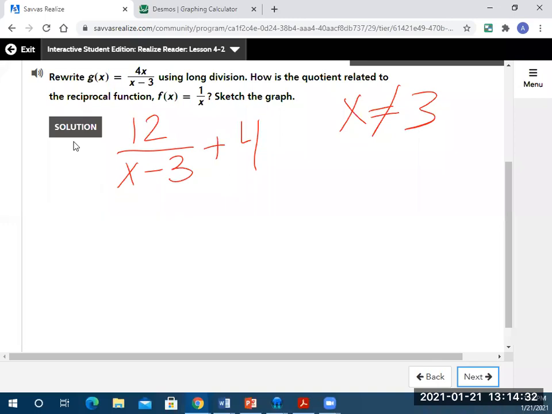Okay, so I didn't see a lot of yeses, so I'll explain. So domain refers to what x values can be plugged into this function. So there are no restrictions to the domain except for one. The one restriction in this function is going to be the value for x that is going to give us a denominator of 0.